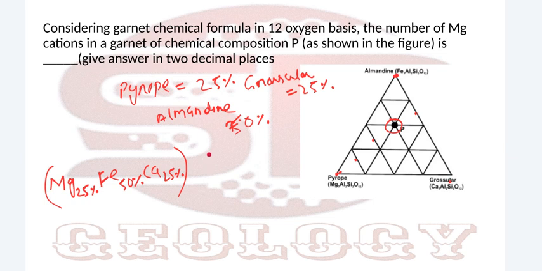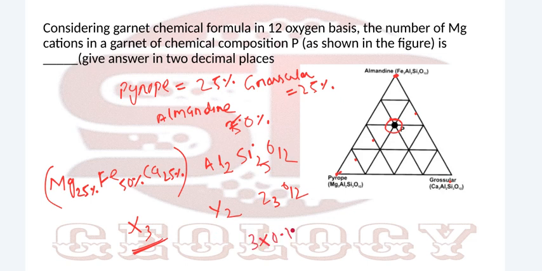Then Al2, Si3O12. What is the general formula? X3, Y2, Z3O12. So this place is 3. Mg is occupying 25%, so you have to calculate 25% of 3. 3 times 0.25 will be 0.75. So Mg will be 0.75.